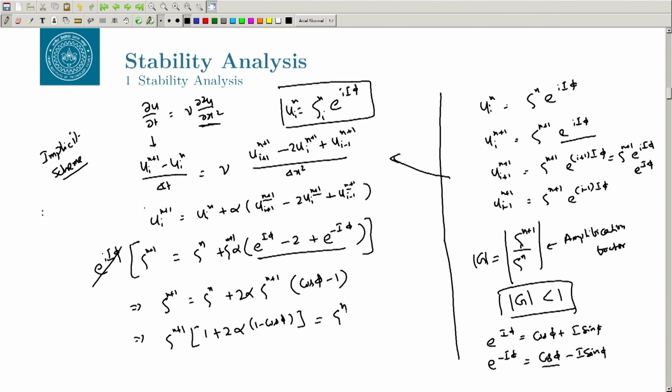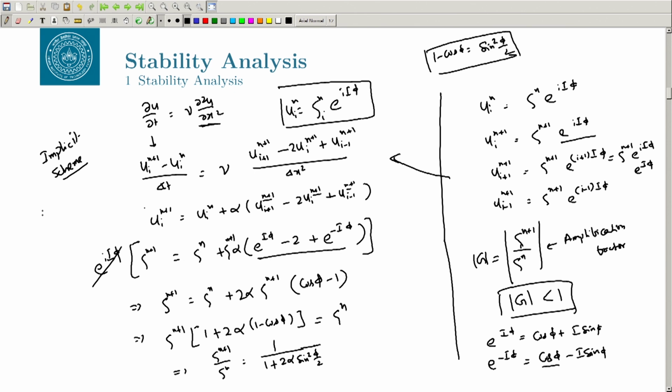And we have discussed this 1 minus cos phi will be 2 sin square phi by 2. Yeah, this is the basic trigonometric identity, right. So, you can write zeta to the power n plus 1 by zeta to the power n will be 1 by 1 plus 4 alpha sin square phi by 2, right.